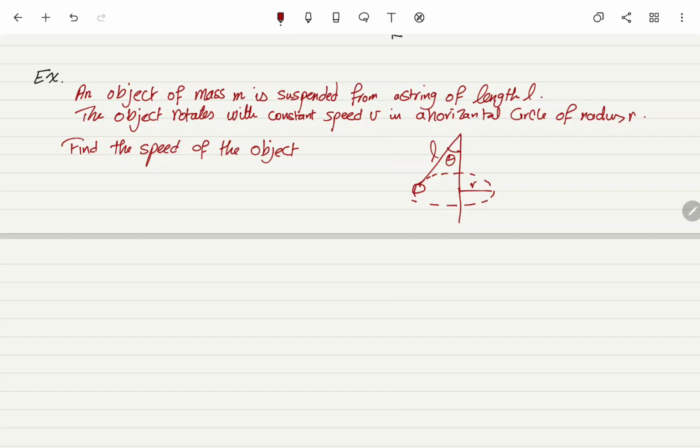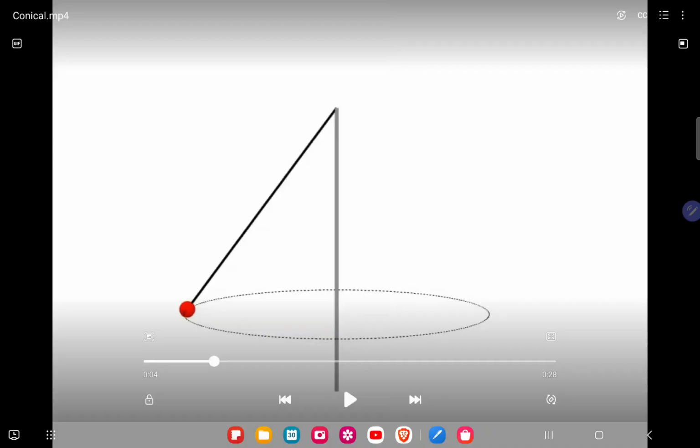Here, an object rotates in a horizontal circle and sweeps like a cone. This is, by the way, called a conical pendulum. Here this is theta, and this is the rope used to connect the object, with length L, and the radius of this circular path is R. The question is, find the speed of the object.